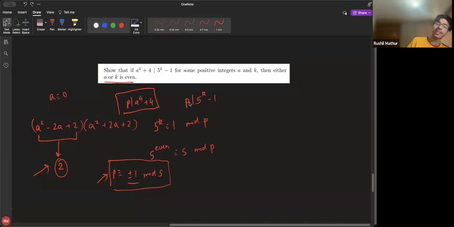No, a is positive integer. Okay, but k equal like 3 and... No, wait, what? I don't know. Yeah, actually, what is going on here? Did we miss something?